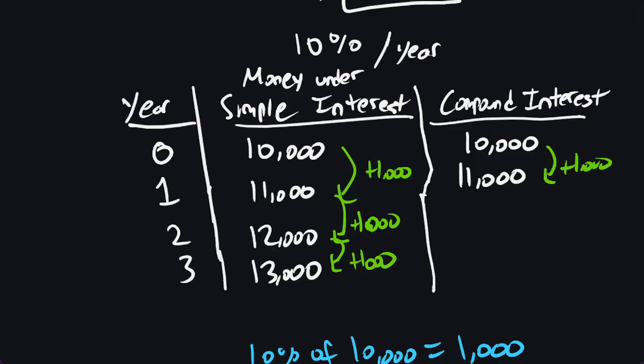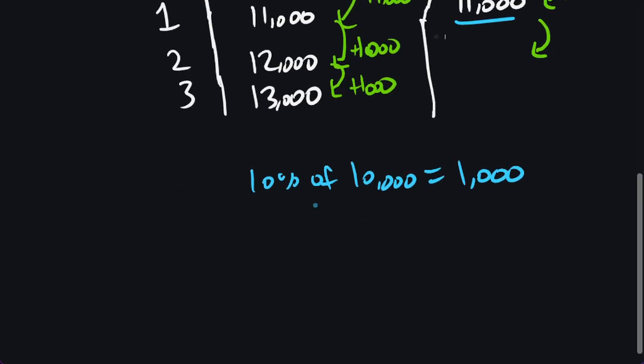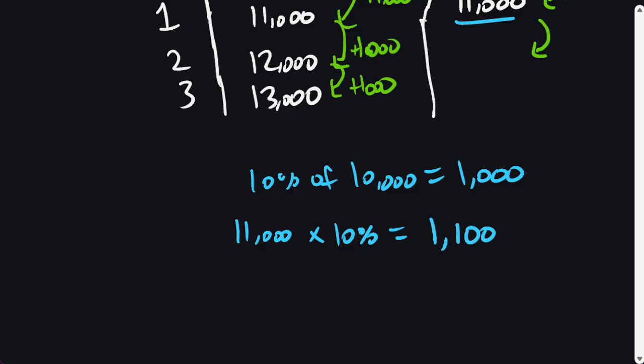But year 2 is where the magic happens. Now year 2, how much will your money go up? Well, this time we're going to do 11,000 times 10%. So 11,000 times 10% equals 1,100.